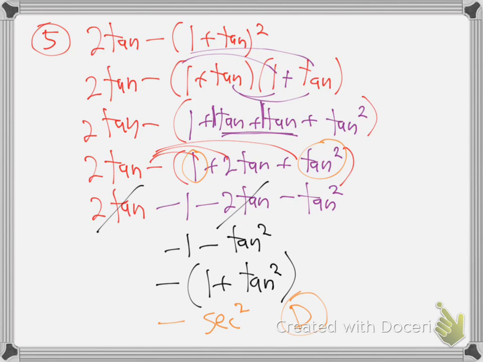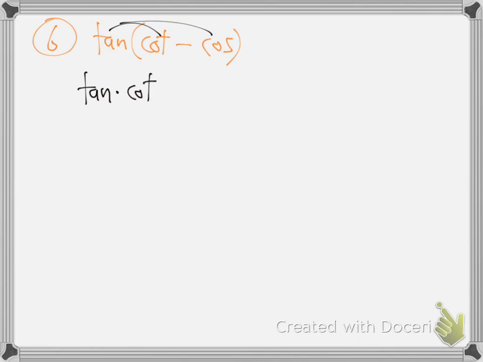All right, so we'll keep going. Number 6. Tangent times cotan minus cosecant. So when I take that tangent, I go boom, boom, and I go tangent times cotan minus tangent times cosine.